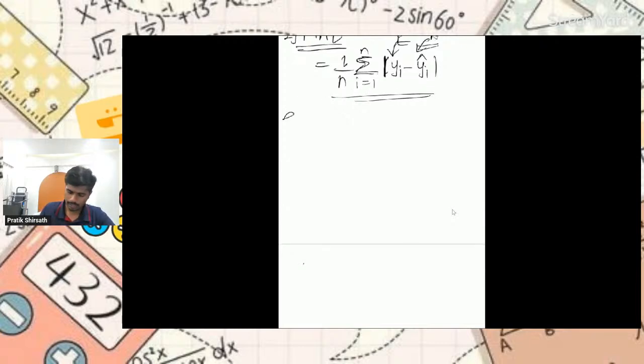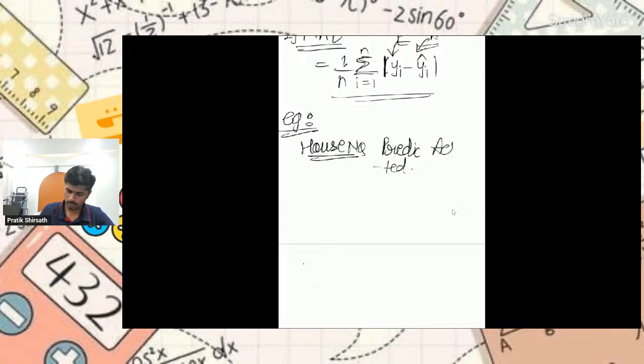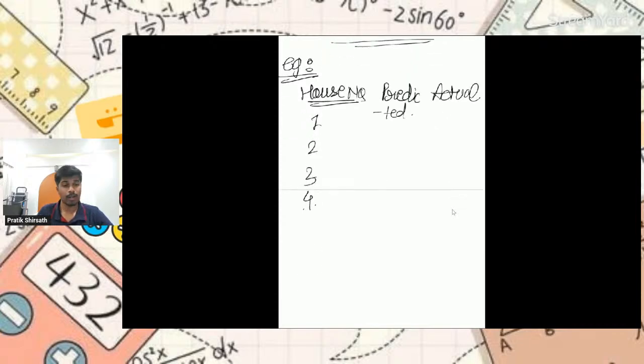Let me take the example first. The example will be: first is the house number, the predicted value, and the actual value. House number one, house number two, house number three, and house number four. The predicted value for the first house was 50 lakh, and the actual was 48 lakh.